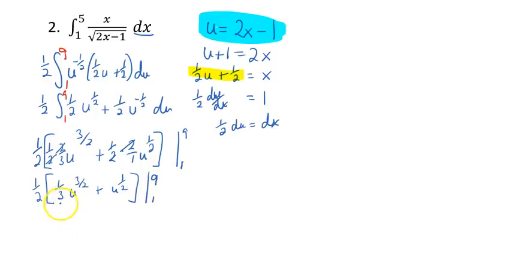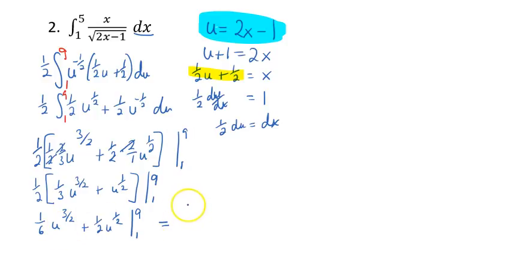I'm going to do one more step before I start evaluating, and that's multiply by that 1/2, because I just don't want to have a ton of things out here. So 1/2 times 1/3 is 1/6. I have 1/6 u to the 3/2 plus 1/2 u to the 1/2. And again, evaluating with my u limits 1 to 9. Okay, so now I'm simplified enough for myself, and I'm going to go ahead and plug in the 9 and the 1.